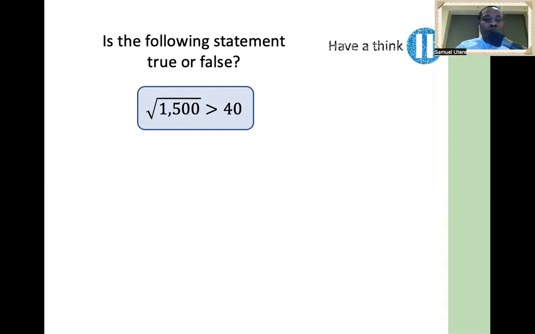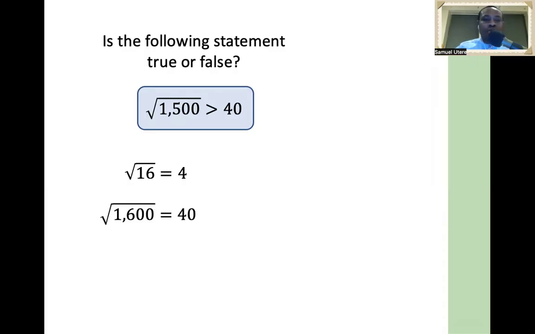Well, we know that the square root of 16 is 4. So the square root of 1600 must be 40. Now, we know that the number that we have used for the estimate is actually less than 1,500.